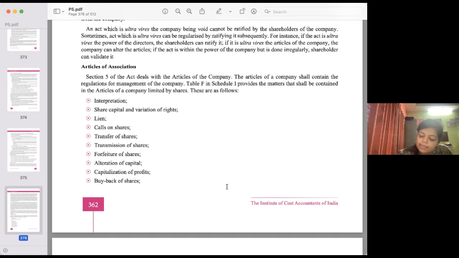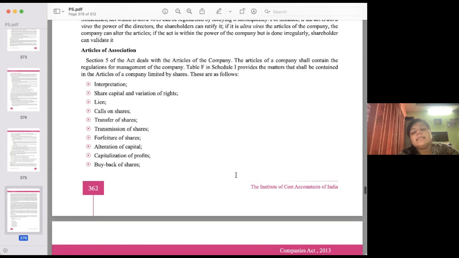So if there is such a lender who is interested in giving you loans, he would also want to know what exactly it is that you do in the company, to be assured that he will be getting the money back at some point of time.